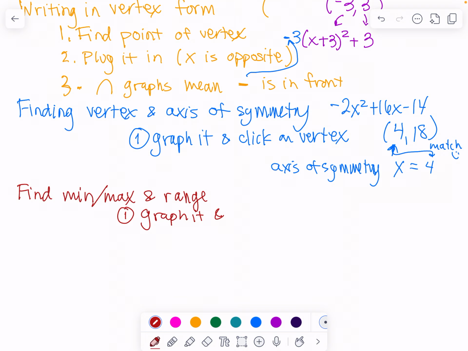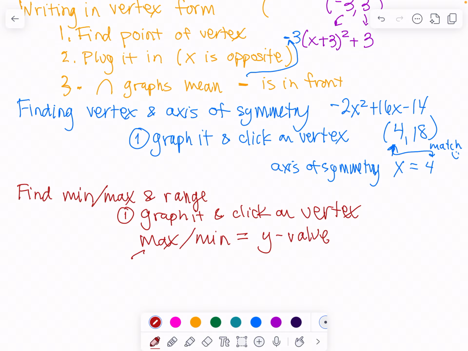The max or the min is equal to the y value. If it's a maximum, then y is less than the max. If it's a minimum, y would be greater than the min.